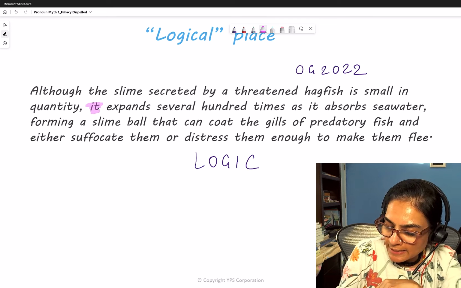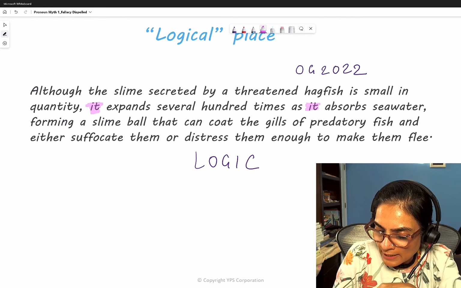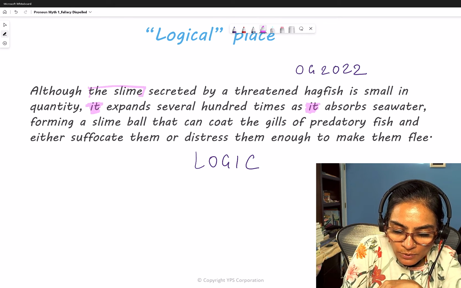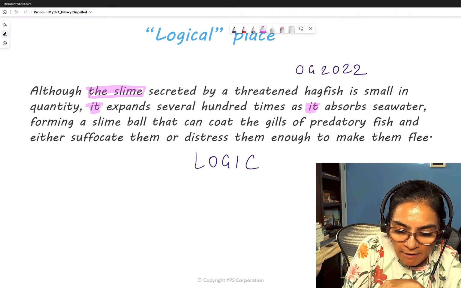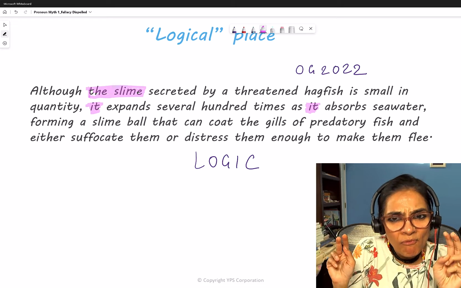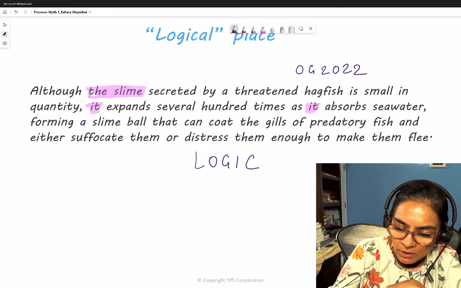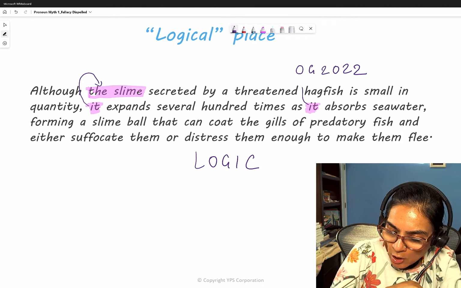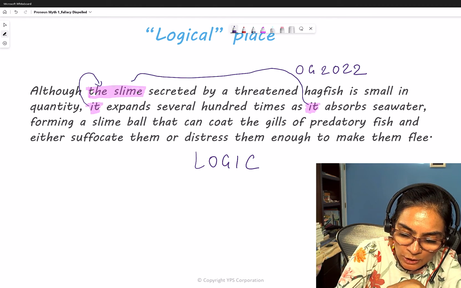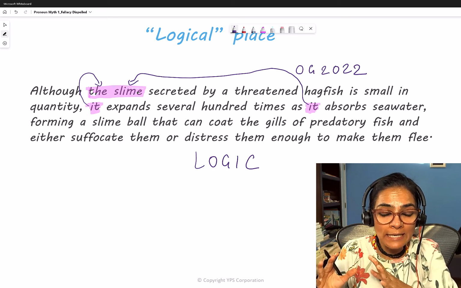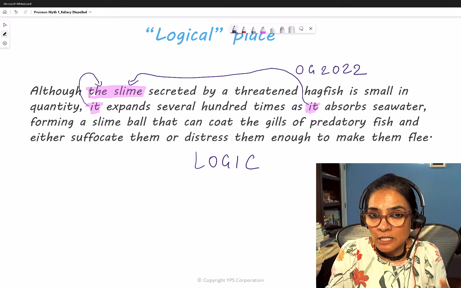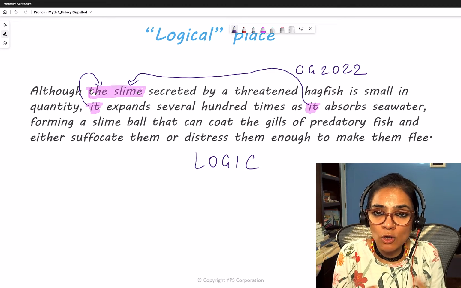The first one is it and one it over here, and both these pronouns logically refer to a slightly far away noun, the slime, because per the context of the sentence, these two pronouns can only refer to slime, because that's what the logic of the sentence calls for.